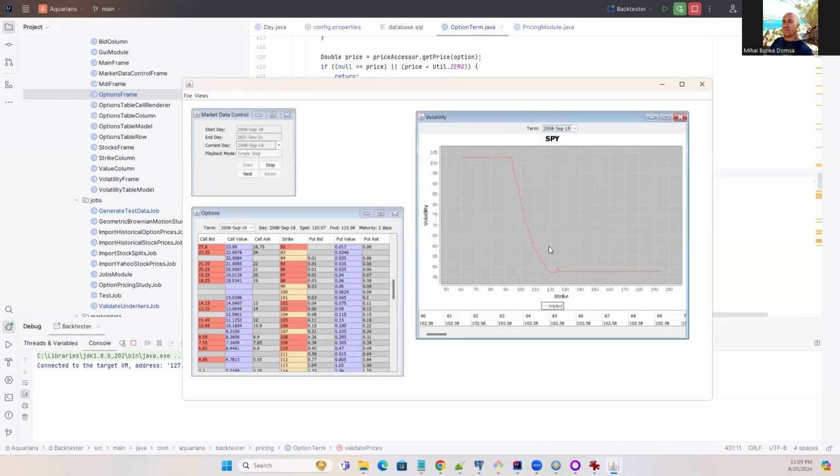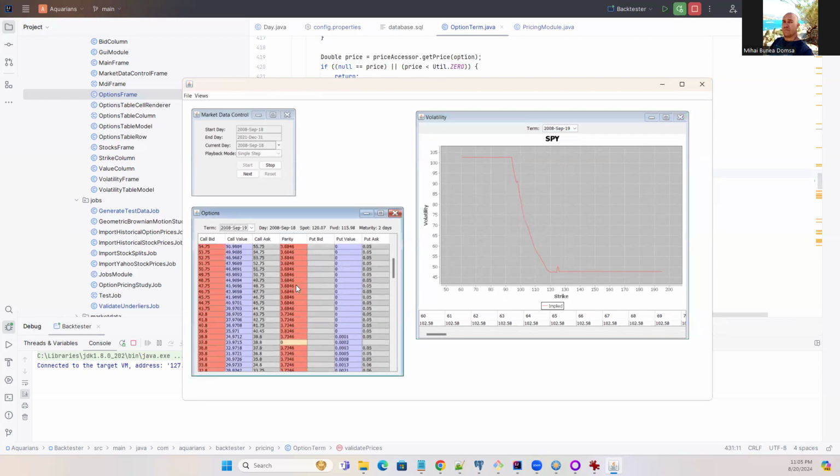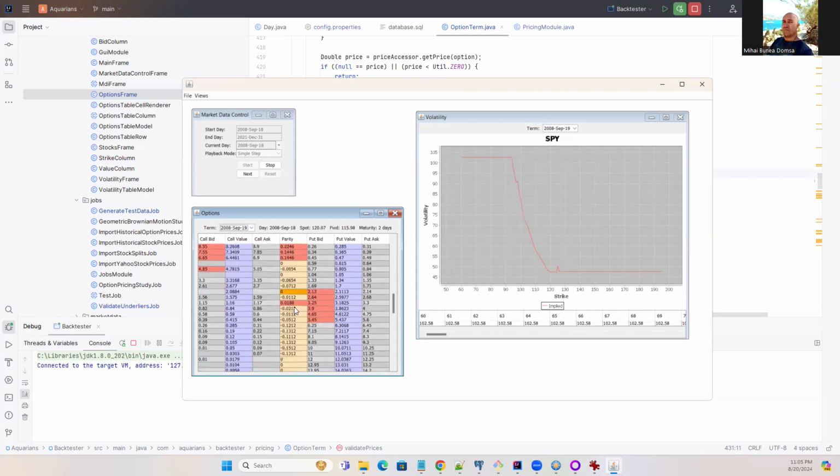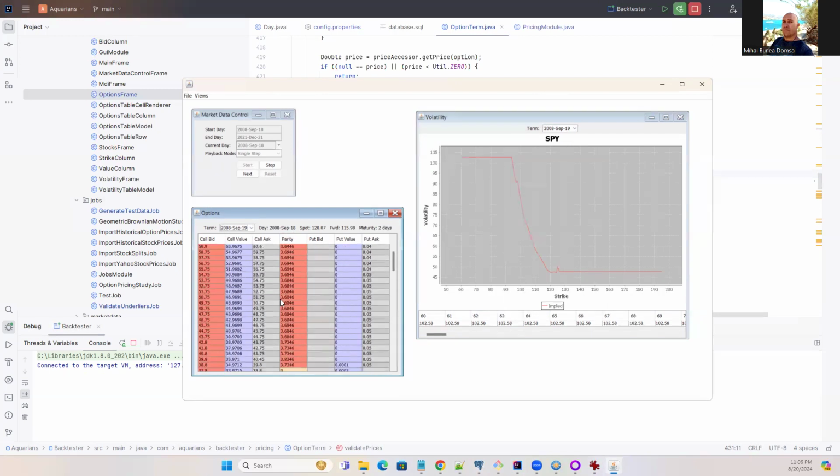Yes, it looks much better, the volatility, but it's still not perfect. There are still parity arbitrage problems. Lower here, but here they are quite big. We got rid of that weird spike in the implied volatility, but we still have a lot of problems.